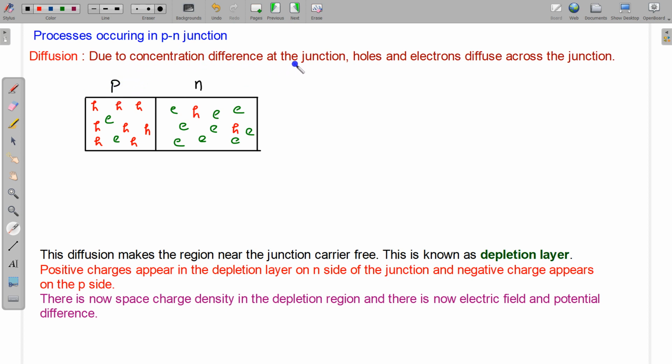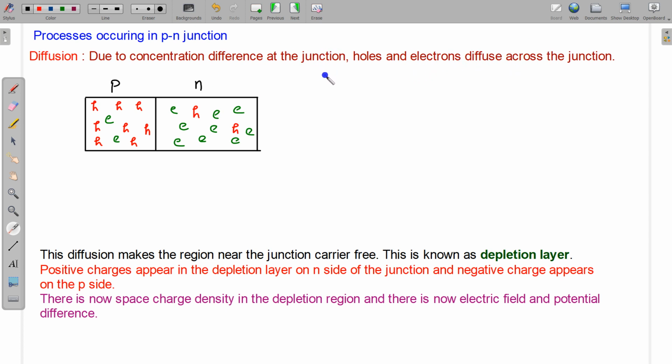So due to the concentration difference at the junction, on one side we have holes in large number, and on the other side we have electrons in large number. This is natural. Holes and electrons diffuse across the junction due to this concentration gradient.